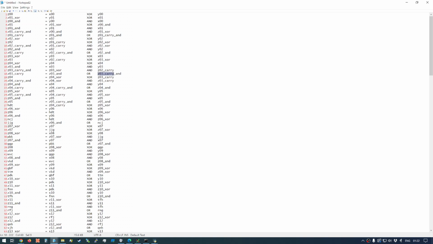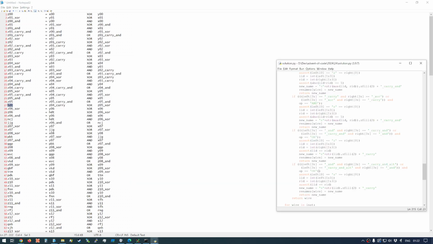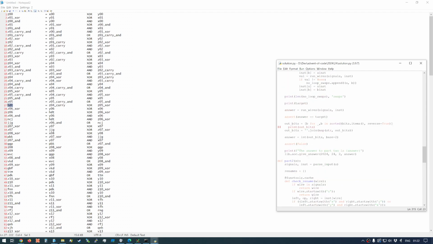So I see you here. Oh, yeah, that's correct. So this needs to swap with Z5. Z05.